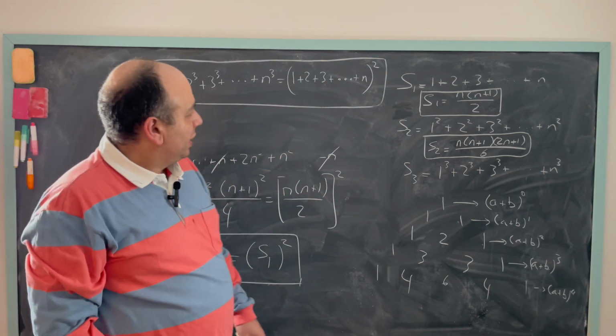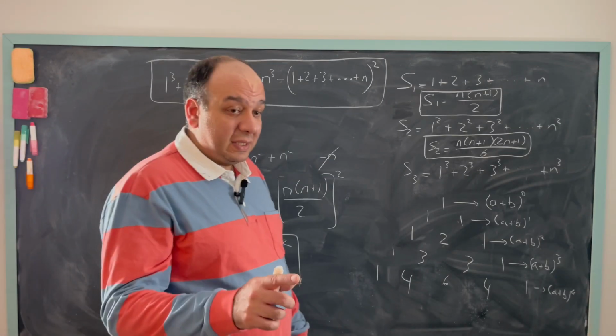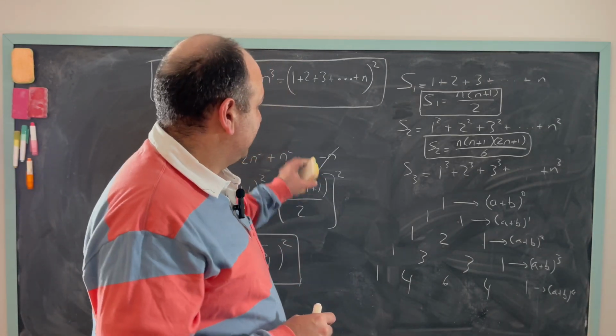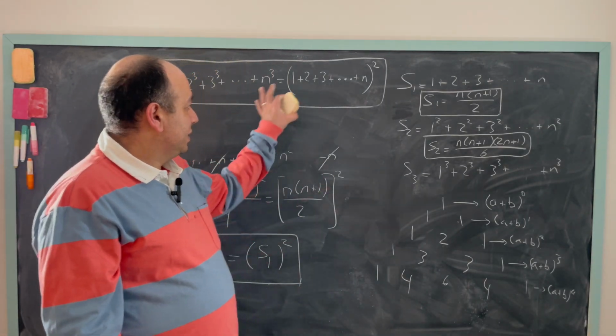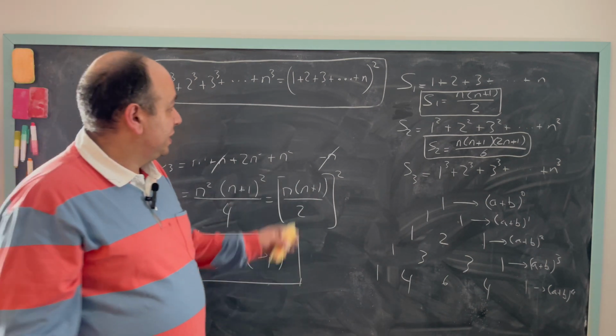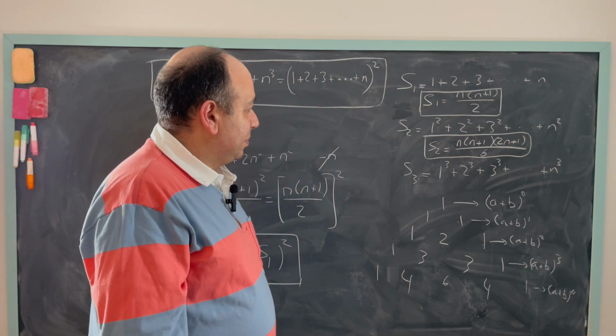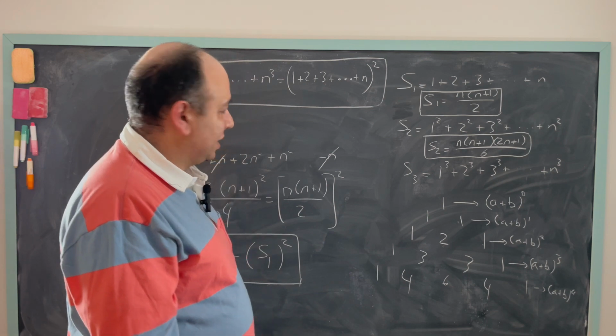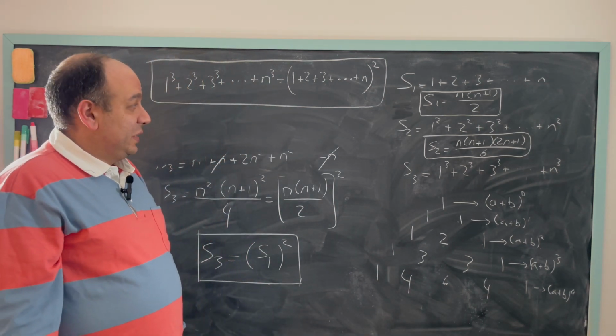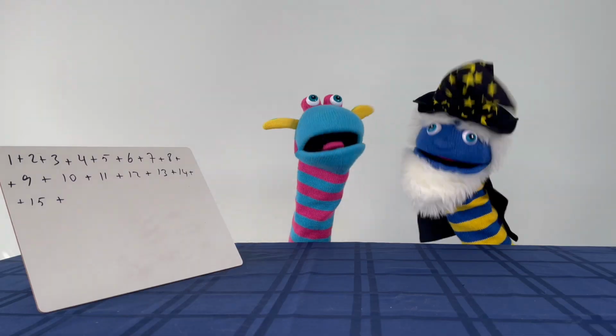And this is quite an interesting result. You see, I didn't do any magic here. I just used algebra to get this result. In the end, it turned out to be something quite interesting. But it is not magic. It's just mathematics, right? So I hope you enjoyed it.